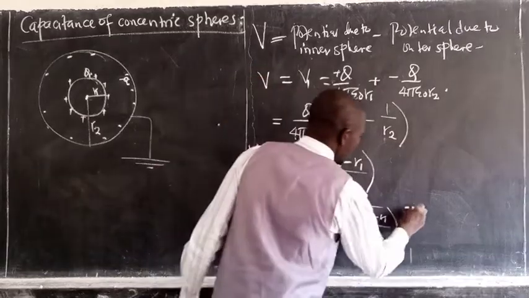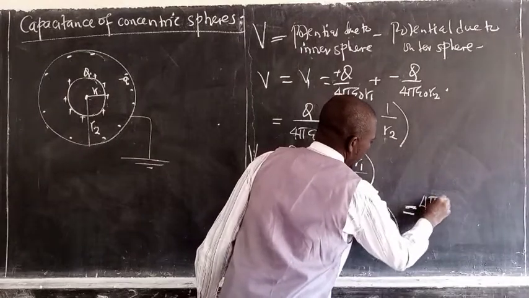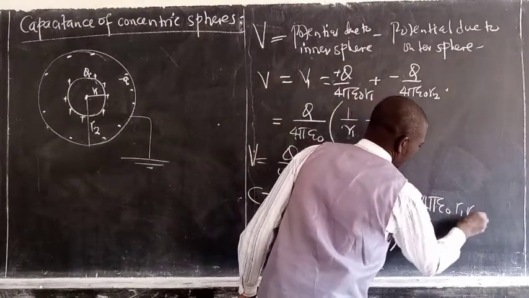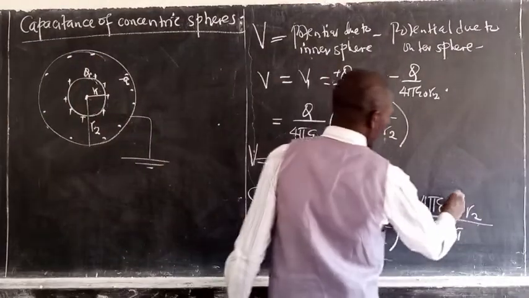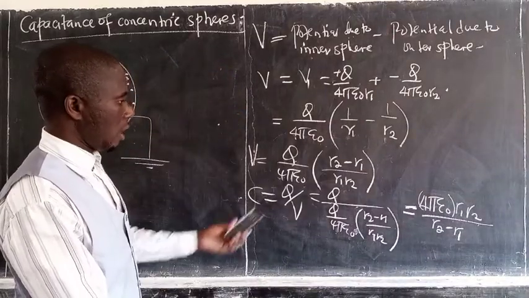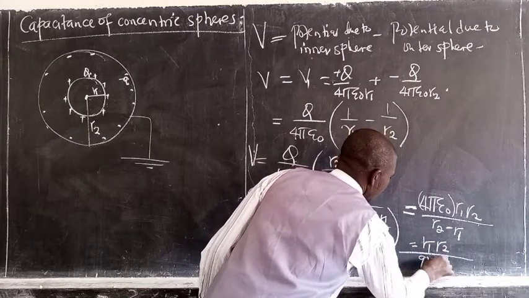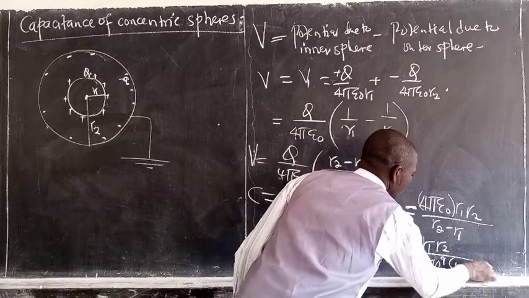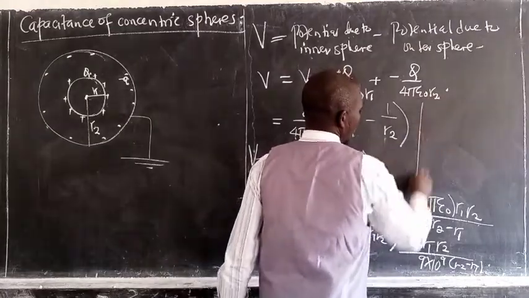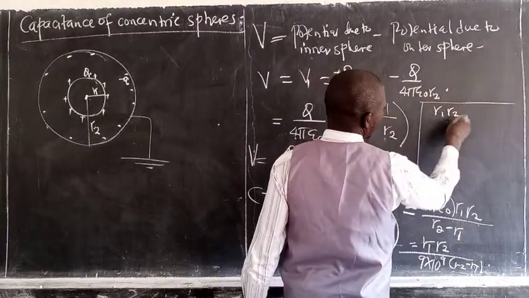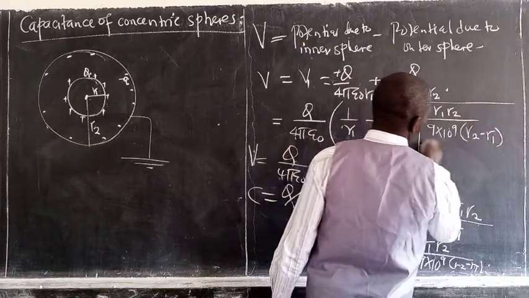The charge will cancel and I will have 4 pi epsilon naught R1 R2 out of R2 minus R1, where you can also say that 1 out of 4 pi epsilon naught is 9 exponent 9, so the whole thing can become R1 R2 out of 9 exponent 9 into R2 minus R1.